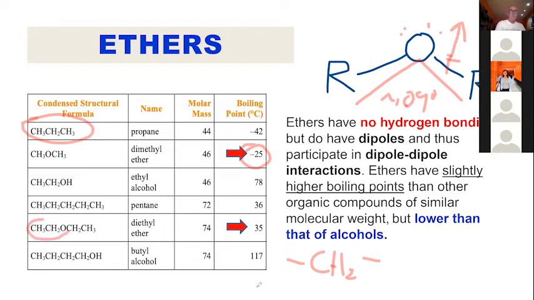When we increase the size of the carbon groups on either side, that starts to increase the boiling point based on London dispersion force. This is the ether that most people are familiar with, the one originally used for knocking people out as an anesthetic back in the very first days of anesthesia. Although it's pretty nasty stuff.